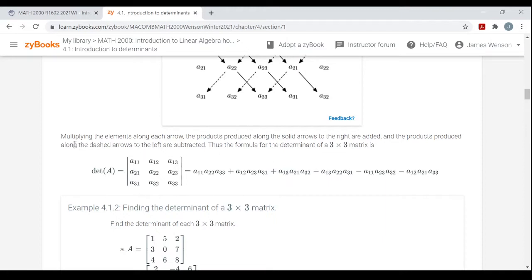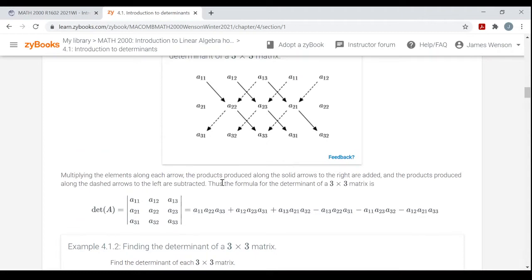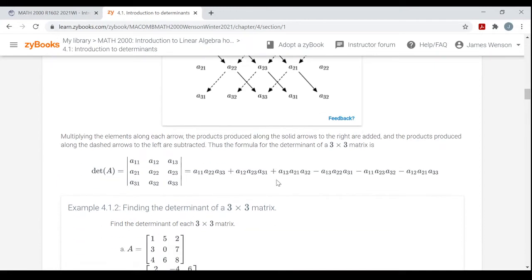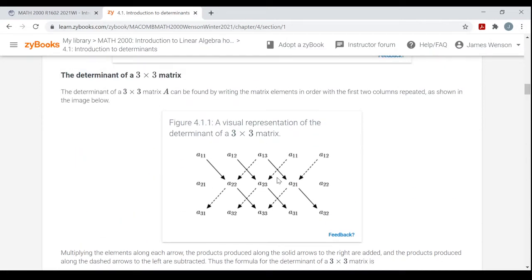It says to multiply the elements along each solid arrow. The products along the solid arrows to the right are added. The products along the dashed arrows to the left are subtracted. This is the only way they show you how to find the determinant of a 3 by 3 matrix in this section.